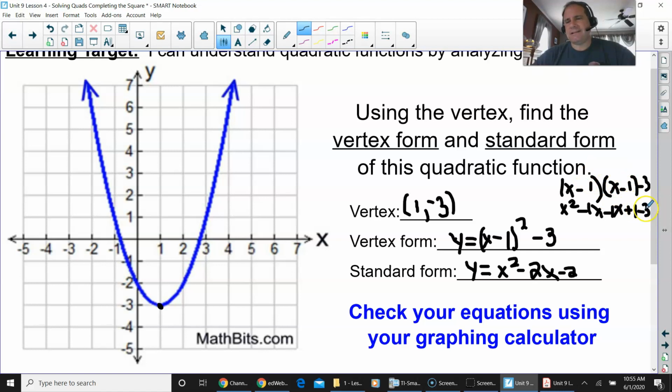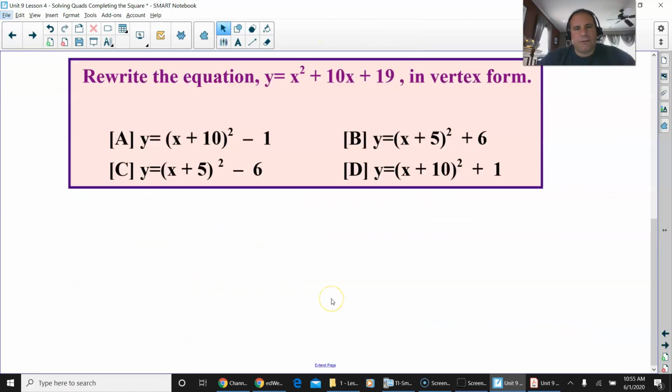That 1 minus 3 is that. That's why you have that negative 2, and that negative 1x and negative 1x is negative 2x. This is standard form. If you graph this in your calculator, you will see this, or you should see this, and that means you're correct. So this is asking you to go in reverse.